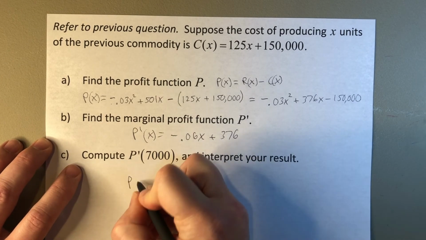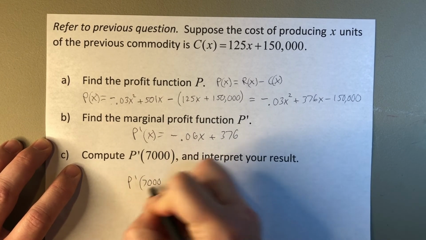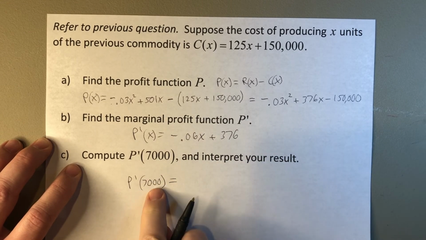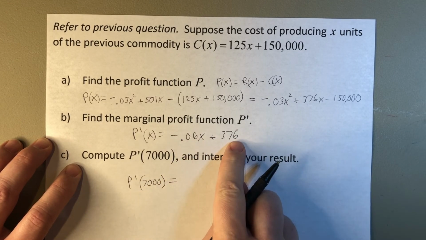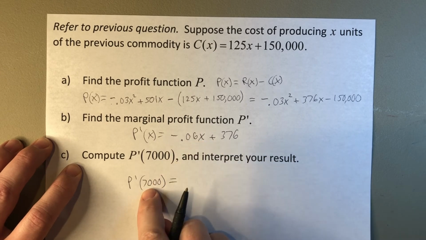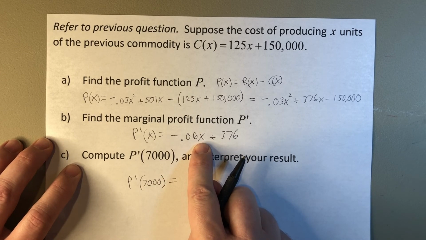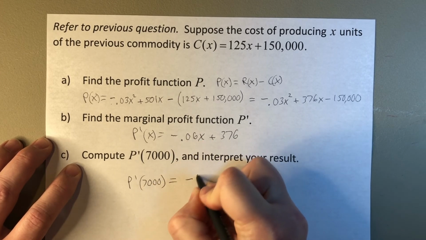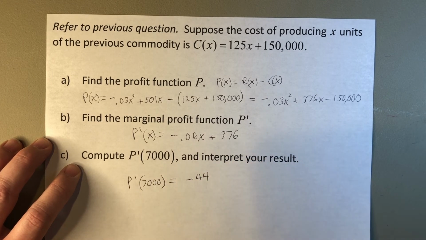All right, so you would, using your calculator, plug in 7,000 into this derivative. So everywhere you see an x, you're going to replace this x with 7,000. And I am getting about negative 44. So what does that mean?